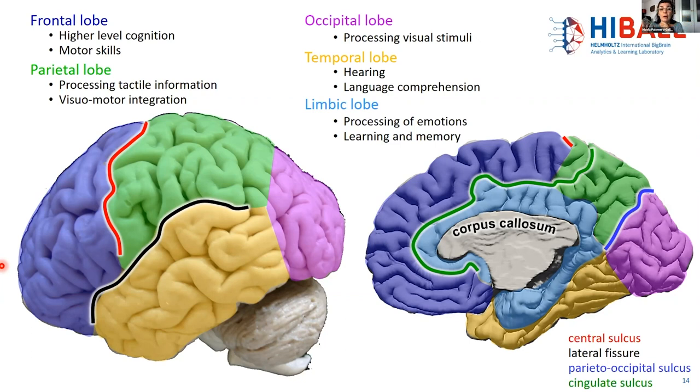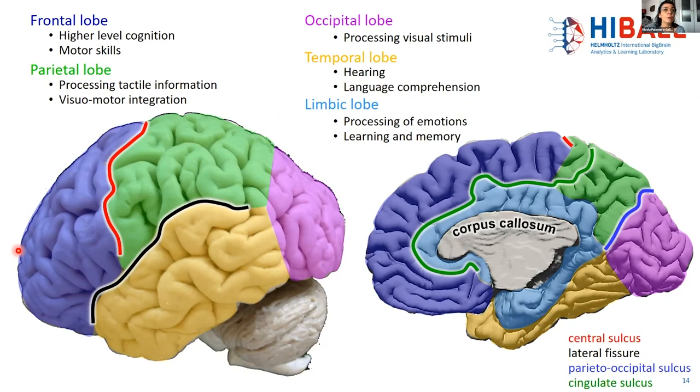And you've got other parts that are, for example, the word recognition area, which is the one that enables you, for example, to look at this word here and recognize it as limbic, or even recognize it as a word that is part of your language.